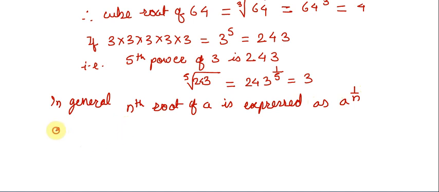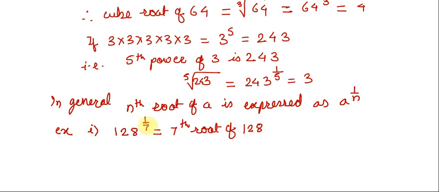So for example, 128 raised to the power 1 by 7 is written in words as seventh root of 128. Keep in mind 1 upon 7 means seventh root.